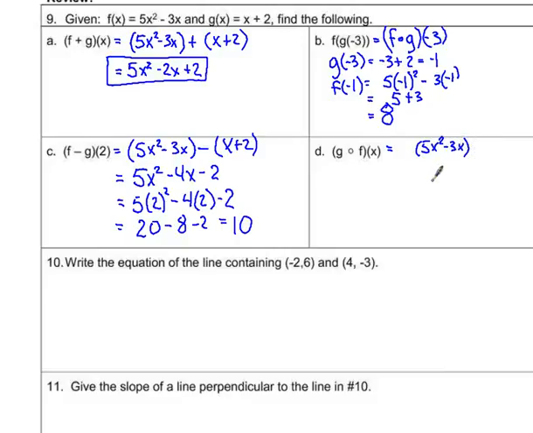We are plugging that into the g function anywhere we see an x. So we've got 5x squared minus 3x. The rest of function g is plus 2. Now all we need to do is simplify. There's not much to simplify. We have 5x squared minus 3x plus 2. That is your final answer.